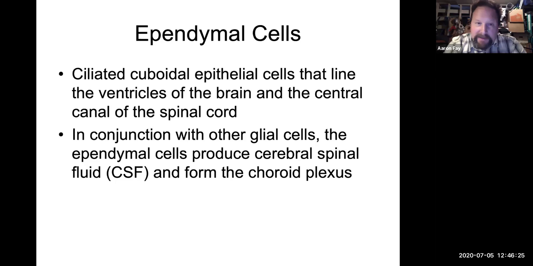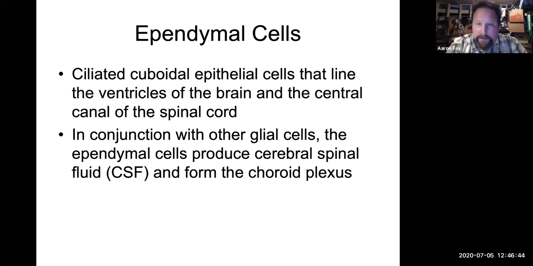Now, ependymal cells are a ciliated cuboidal epithelium that lines the ventricles of the brain. Now, the ventricles of the brain: you actually have holes in your brain, empty spaces, and that's good, and they're called ventricles. They're filled with a fluid called cerebrospinal fluid.